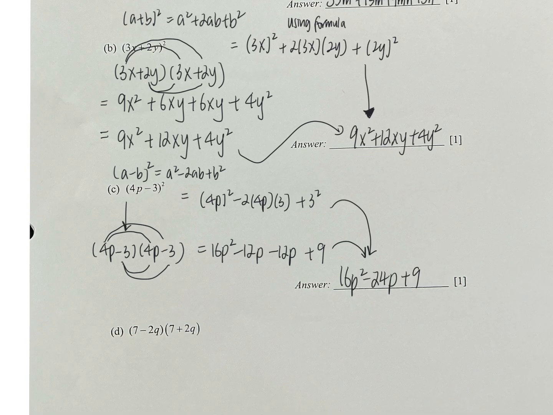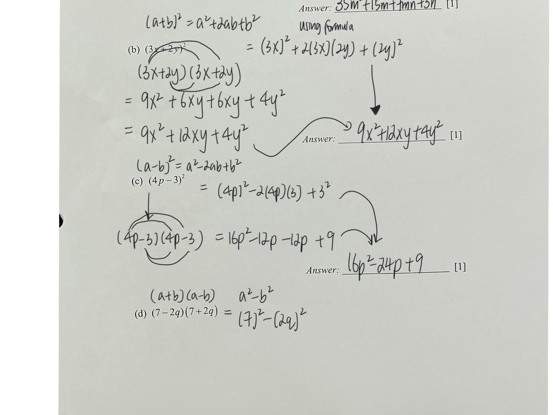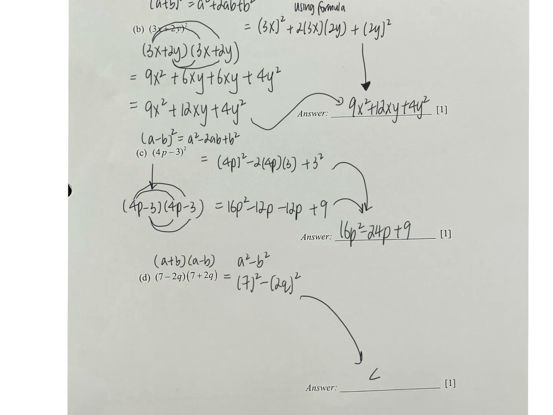Yes, this one, if you can see, is a plus b, a minus b. So it should be a square minus b square. So if you are using formula, your answer is 49 minus 4q square.